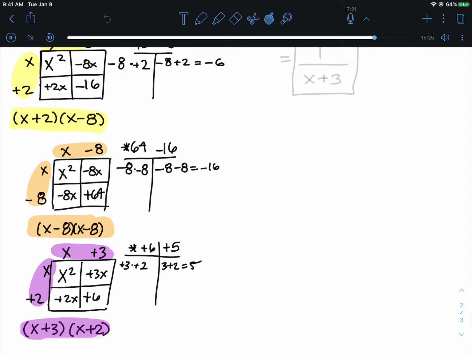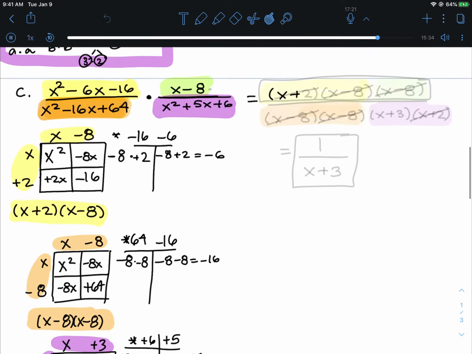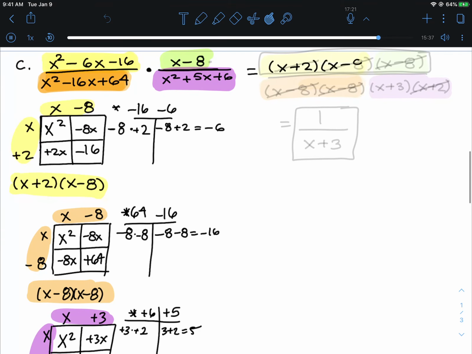Okay. So now I'm going to go ahead and put these factors and replace them for those trinomials. So I'm going to get x plus 2 times x minus 8 times another x minus 8 right here, divided by x minus 8 times x minus 8 times the other denominator, the purple one. So then that'll be x plus 3 times x plus 2.